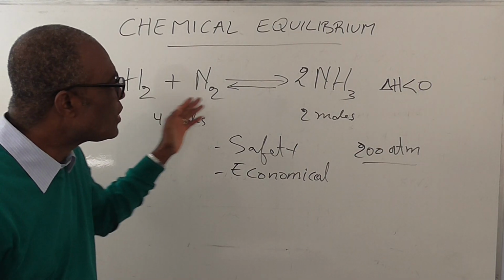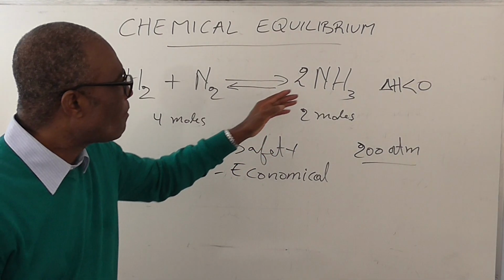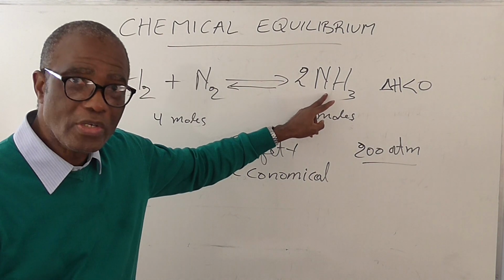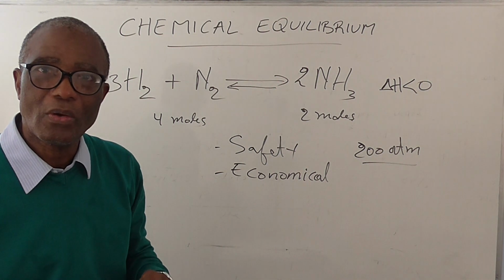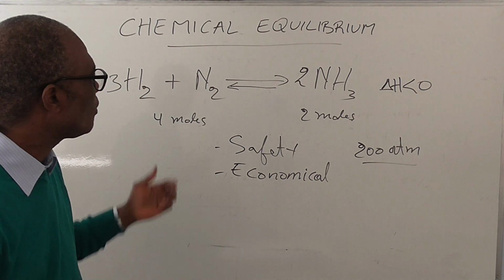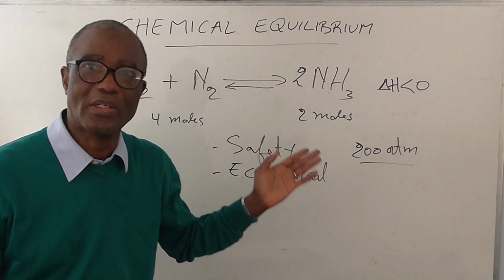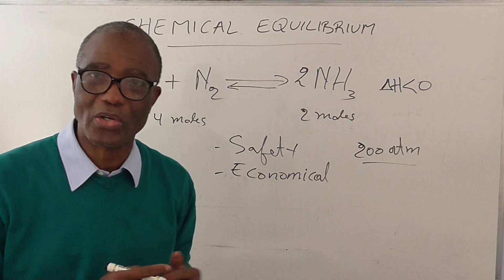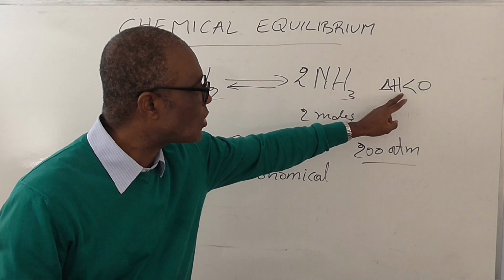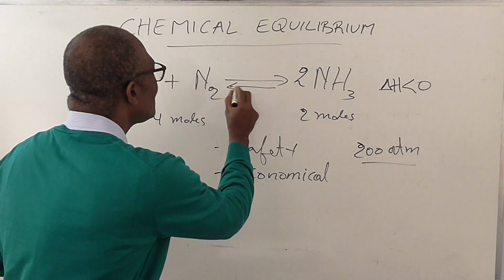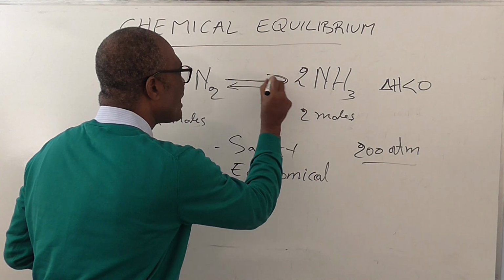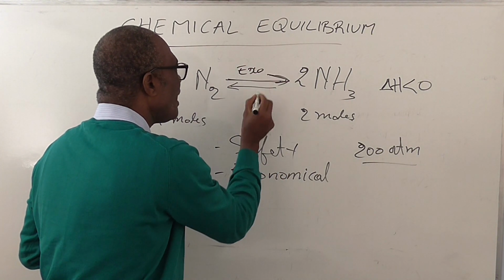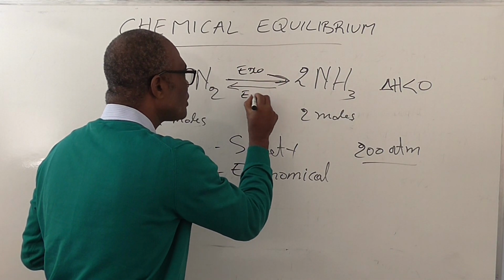So we need to get more of this, more of ammonia. We need what? We need to lower the temperature, because it is exothermic. Exothermic reaction, that means this side is exothermic, and the other side is endothermic.